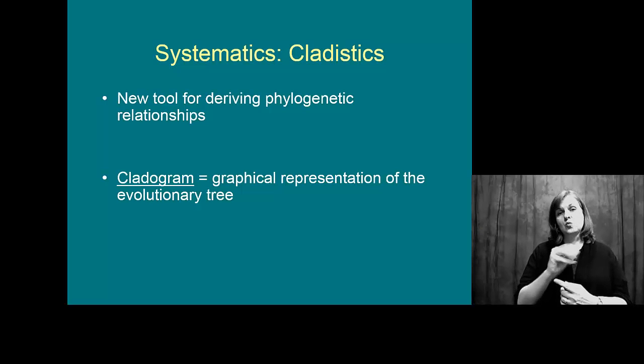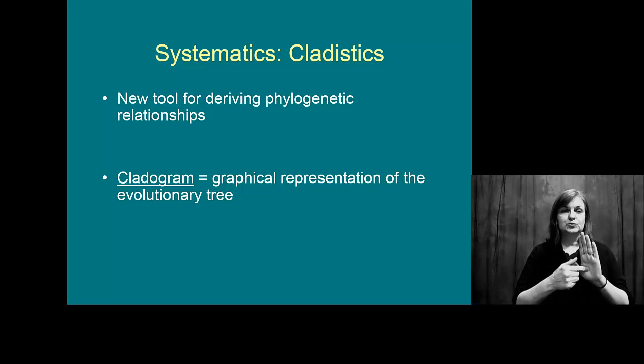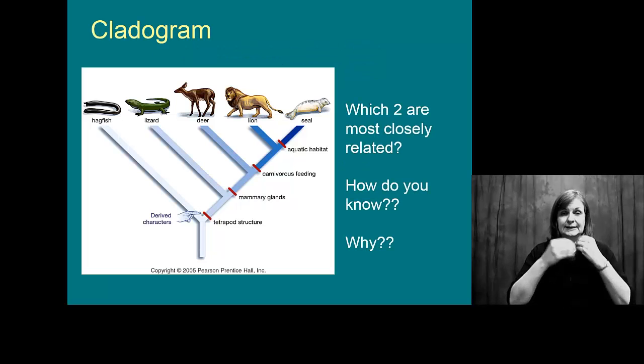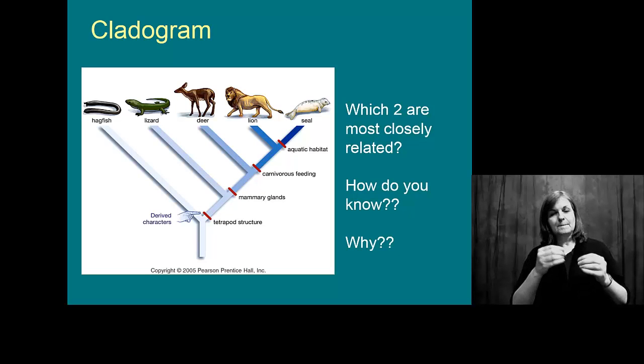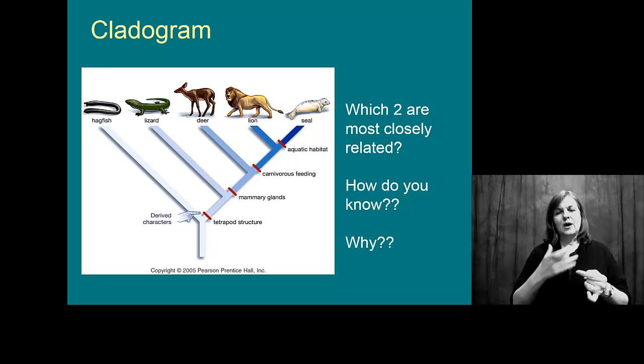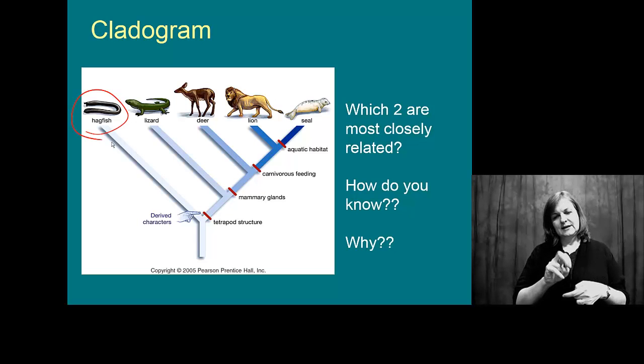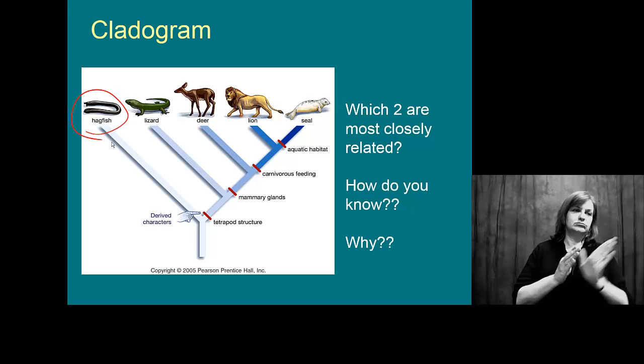So a cladogram is simply this graphical representation, and we've already looked at some of the carnivorous mammals, but this gives you a slightly more diverse grouping of the animal kingdom, all the way down to an invertebrate in the hagfish. So we'll look at these guys.